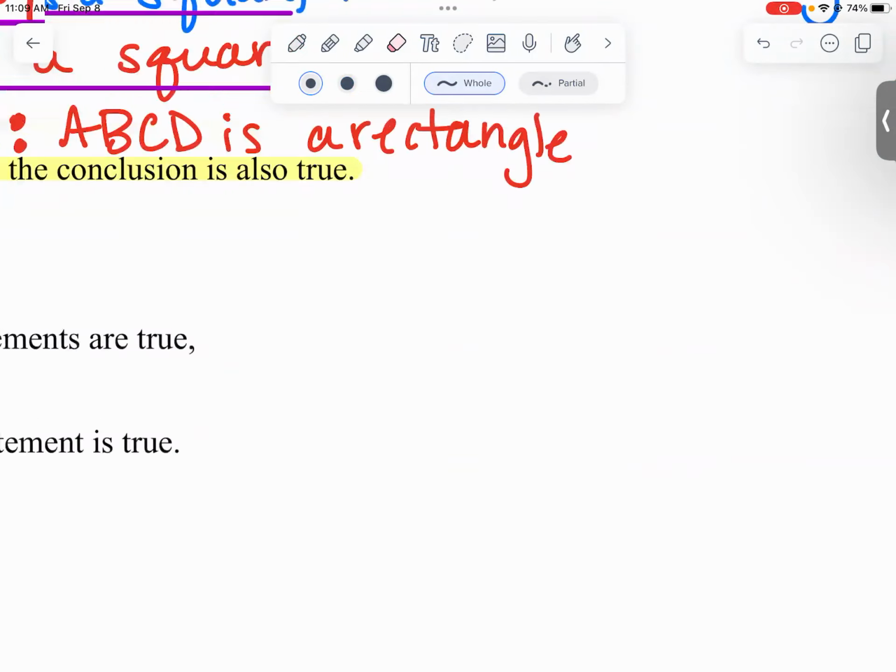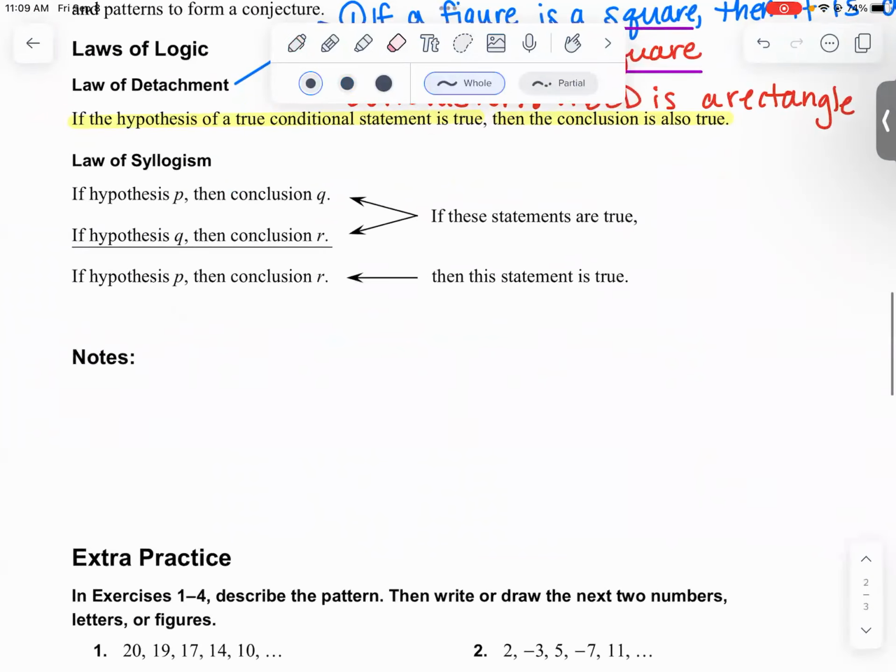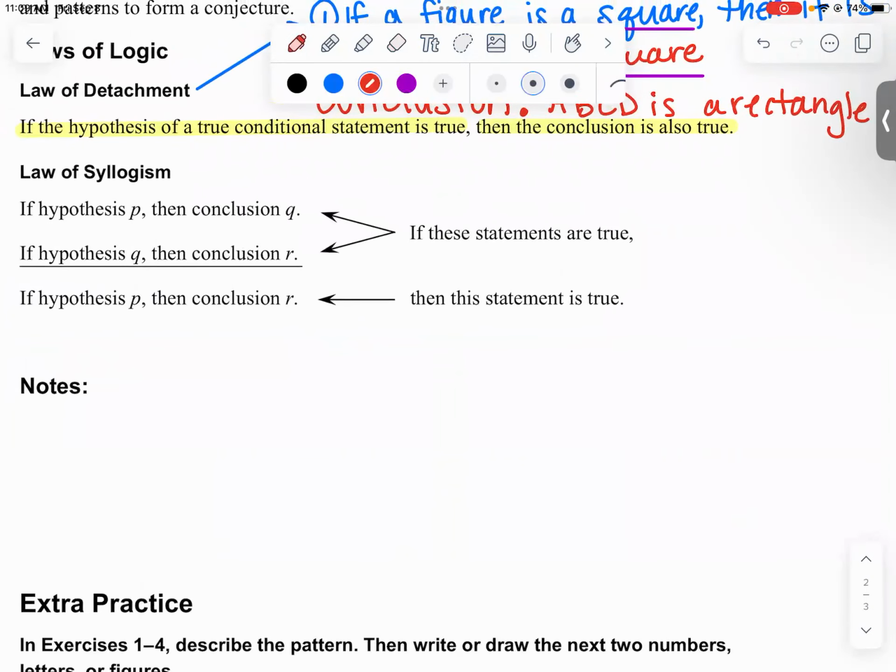Okay, so the law of syllogism. If P implies Q, and then we have if Q implies R. So notice how the conclusion of the first conditional statement matches the hypothesis of the second conditional statement.